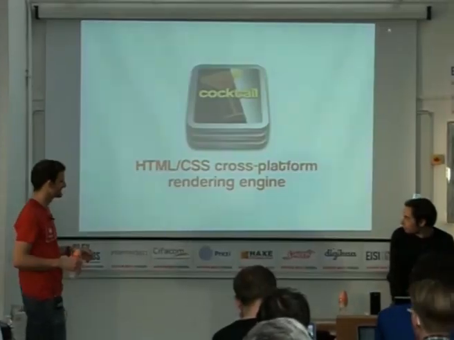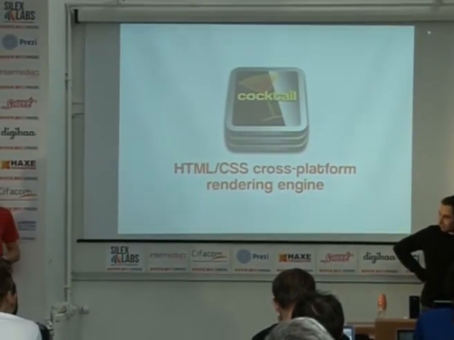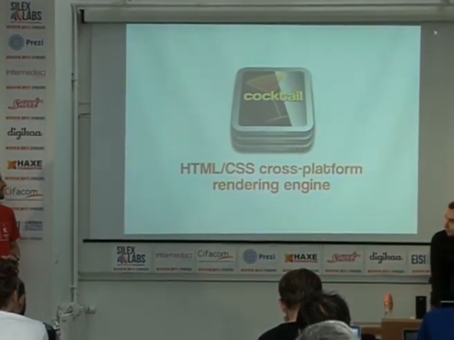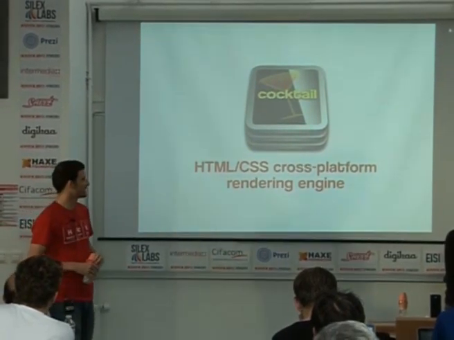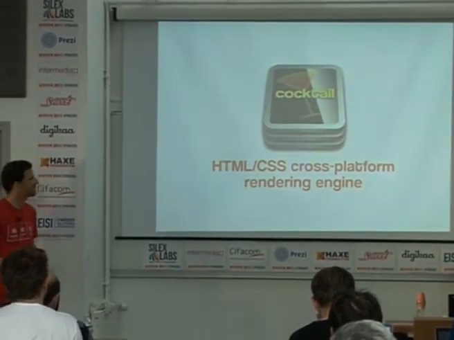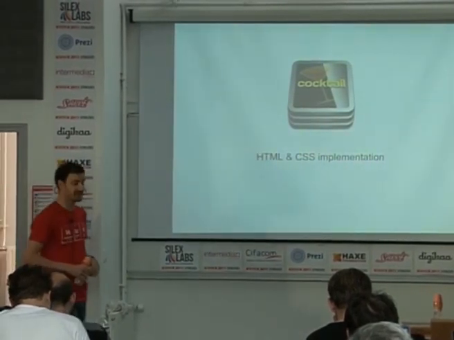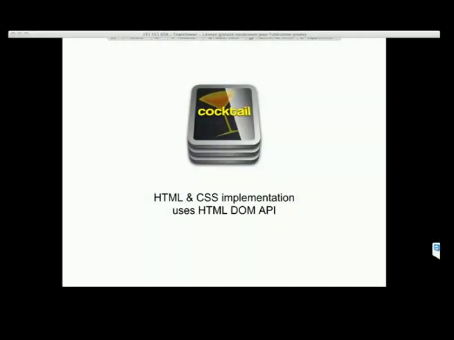So, what is Cocktail? That's a big question. Cocktail is an HTML and CSS cross-platform rendering engine, and it's supposed to be a way to bring the HTML and CSS concepts to Haxe. It's an HTML and CSS implementation. It uses the HTML DOM API, and it's open source, as you might imagine.